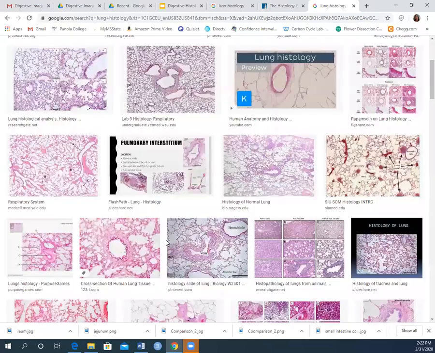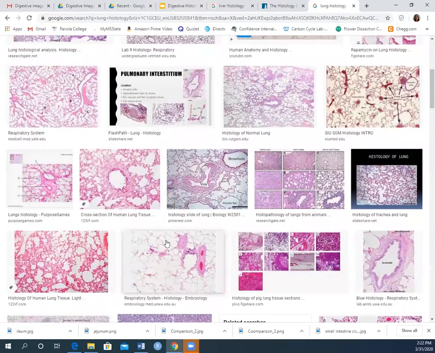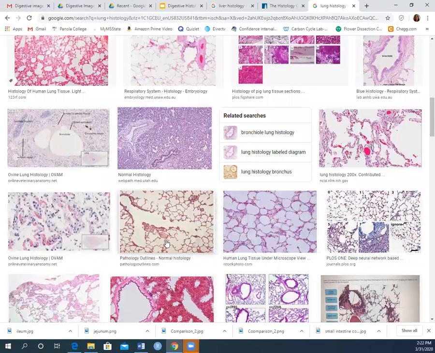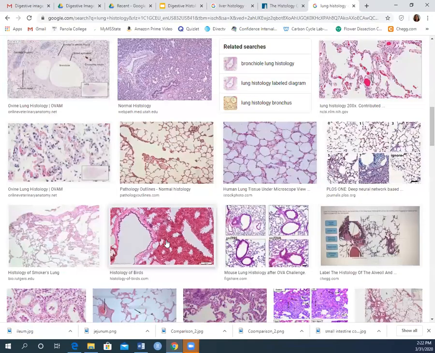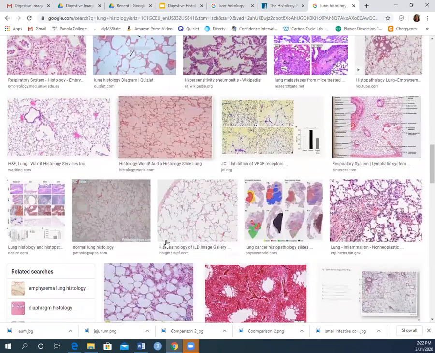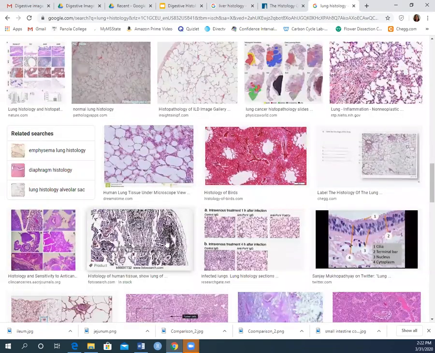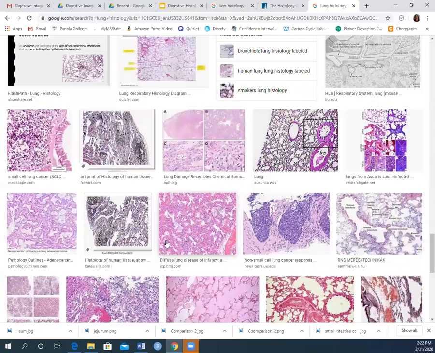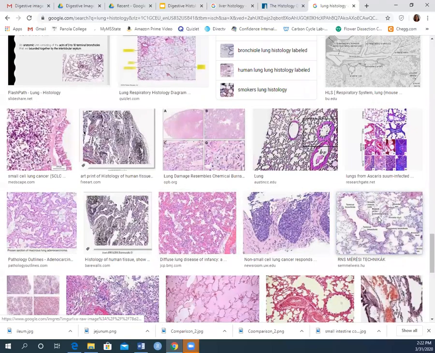Let me get one, a really good one here. Trying to get one that shows a bronchial. Hang on just a sec. Here we go.